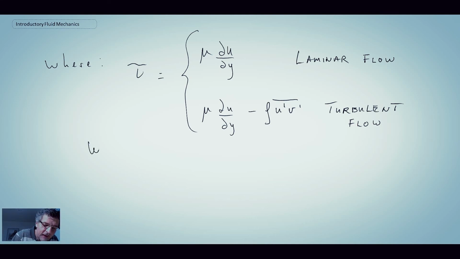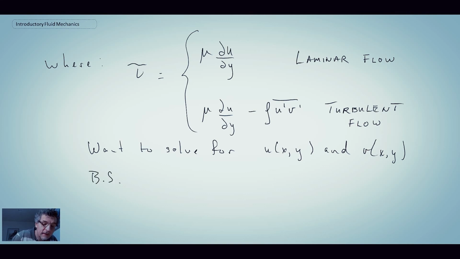And going back to what we're after, we want to solve for the velocity field in an ideal world, V, and this is subject to the following boundary conditions. So at the wall, we know that the velocity, we have no slip and no flow through the wall.